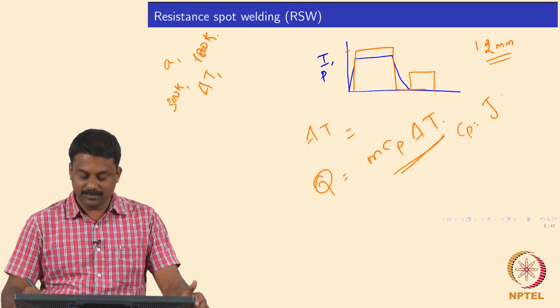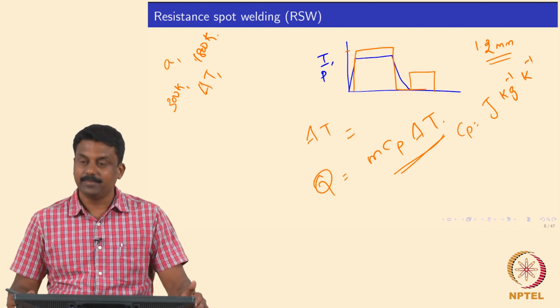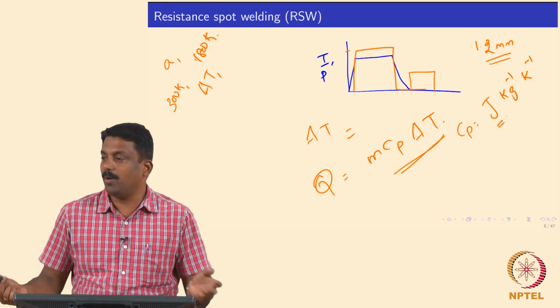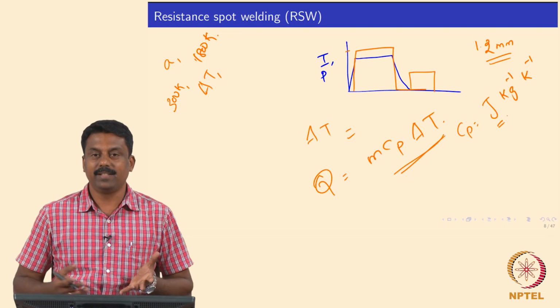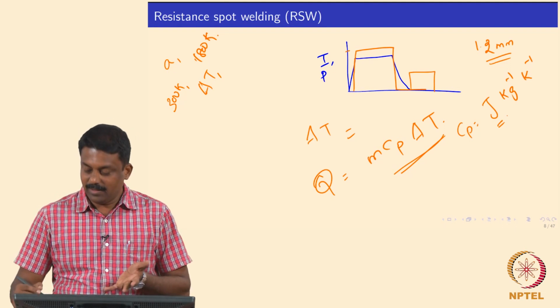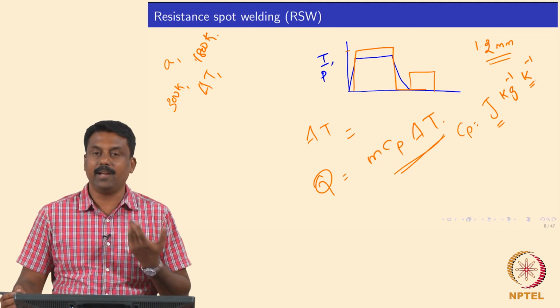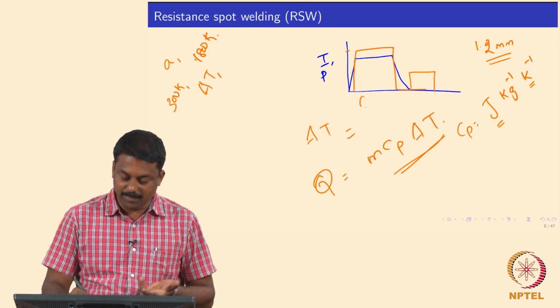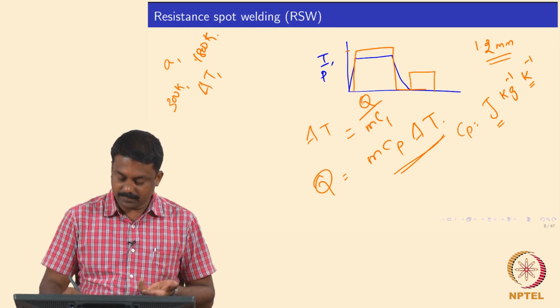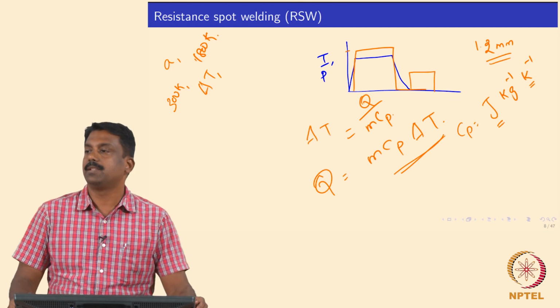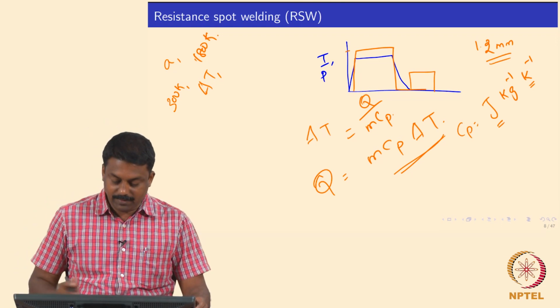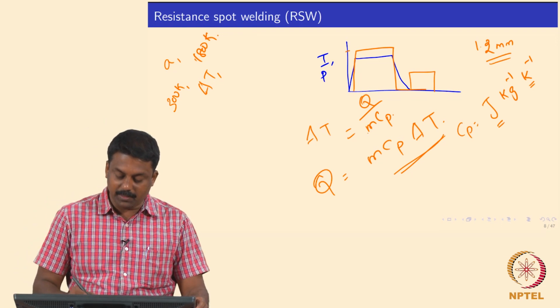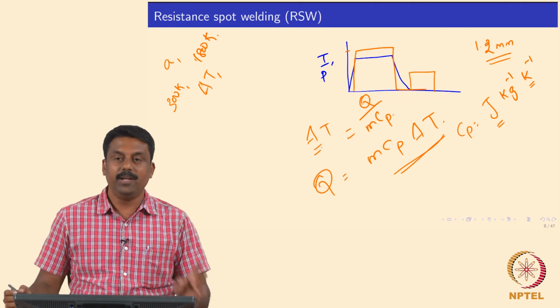Joule per kg per Kelvin, exactly. So, what we need to know is how much energy in joules goes in to achieve the required delta T. So, delta T will be Q divided by m Cp. Now, if you want to know how much Q you need to raise delta T, you need two factors.